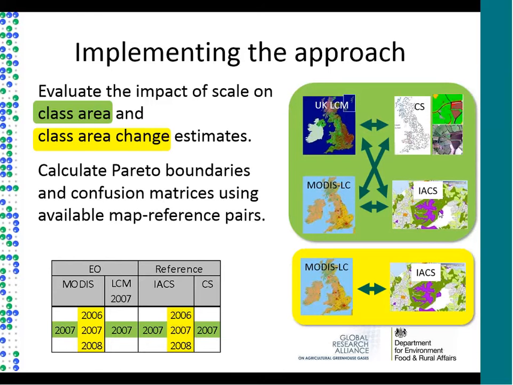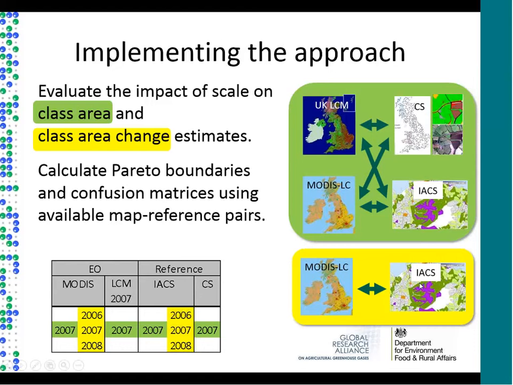And the analysis produced a couple of things. We produced Pareto lines based on the CS reference data. We produced Pareto lines based on the IACS reference data. And we produced Pareto lines based on the change maps derived from IACS reference data.